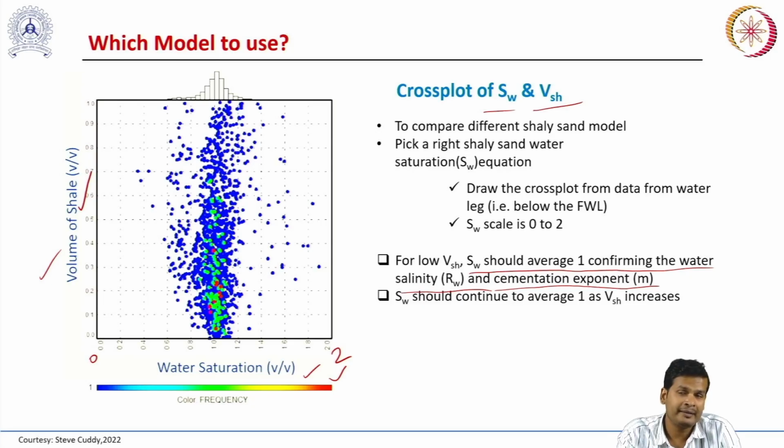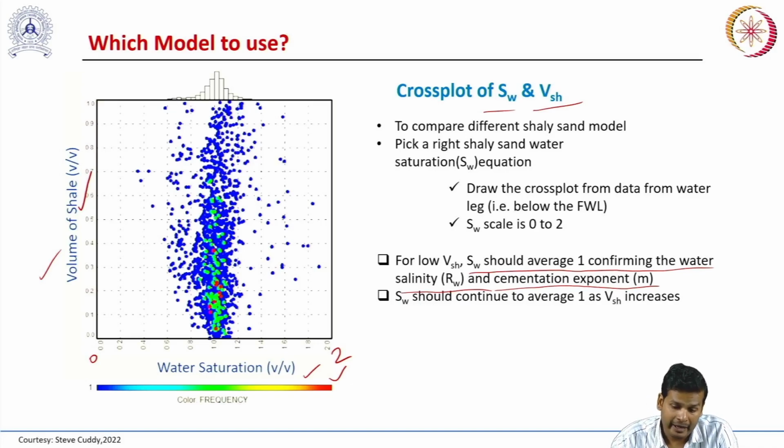For example, in a clean reservoir with low shale content, all the shaly sand equations should give me water saturation equal to 1 in a water reservoir, because as shale volume is close to 0, all models will convert back to the Archie equation. So the value of formation water resistivity and cementation exponent m can be checked only if I am getting water saturation close to 1 in the low shale content section.